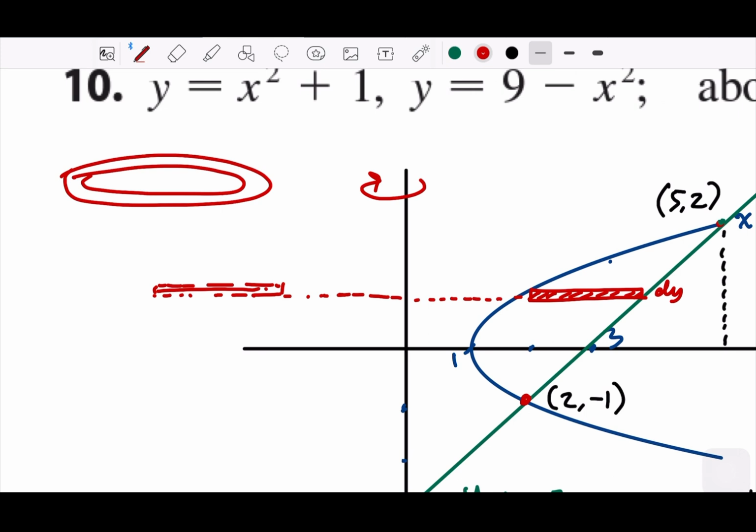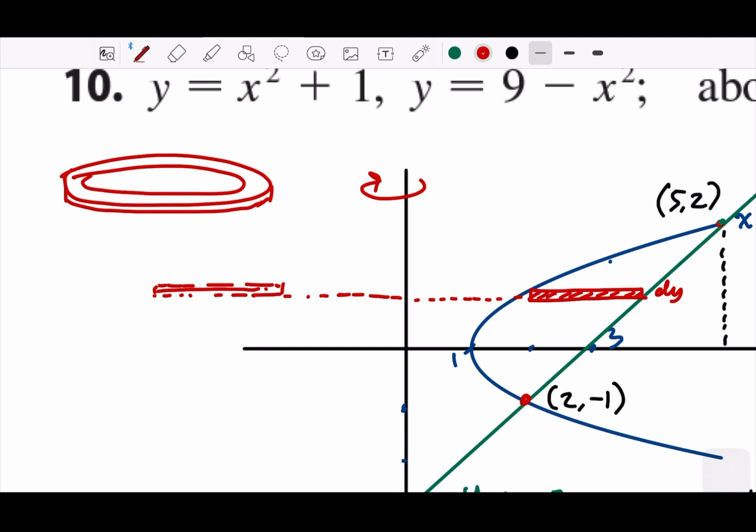Now, the volume will be given by the difference in the area, so the outer radius minus the inner one.